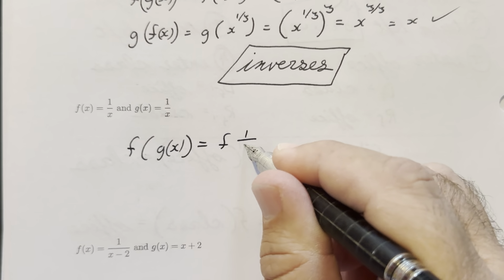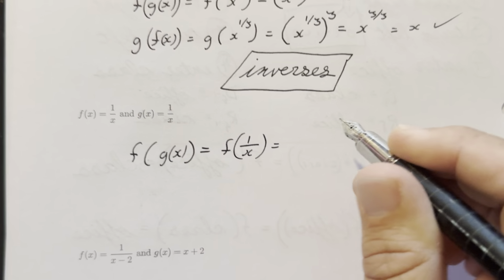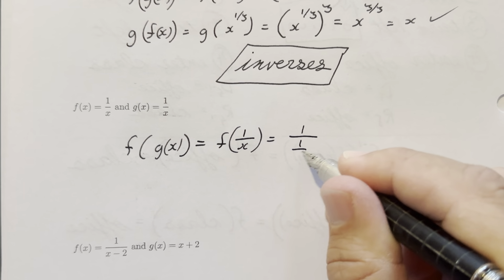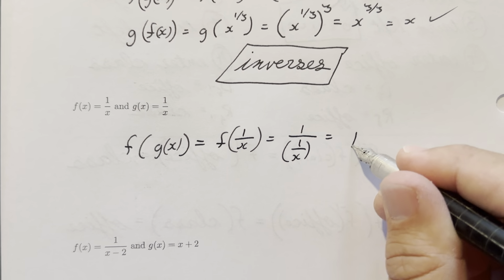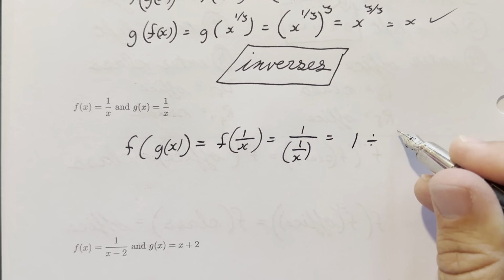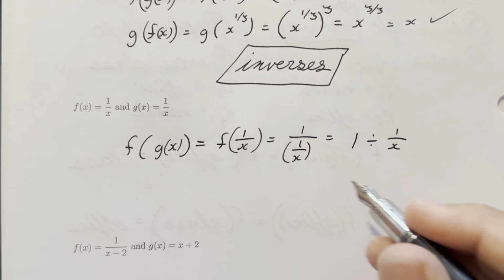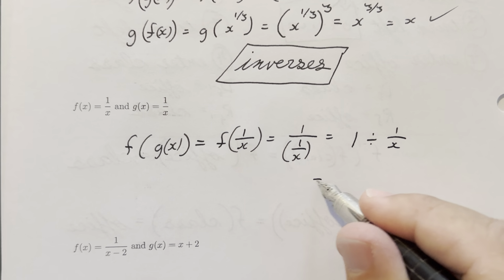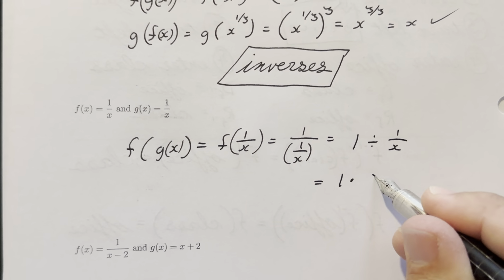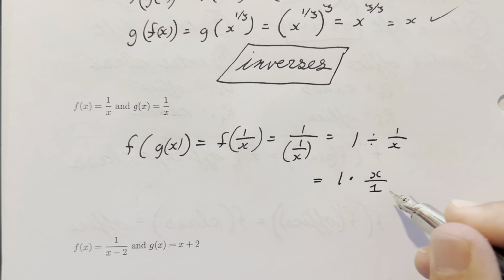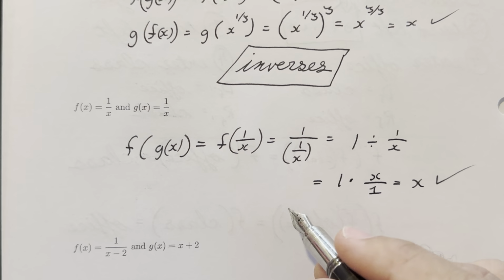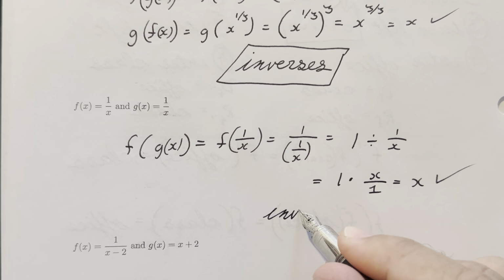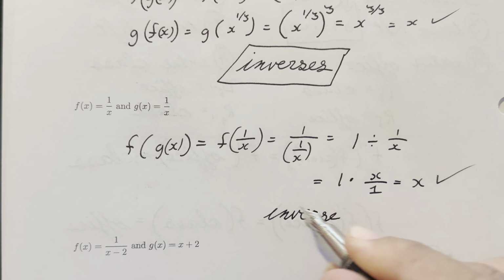Right, so this is f of 1 over x, which is 1 divided by 1 over x, which is 1 times x over 1, and that's just x. So it works out, f and g are inverse functions.